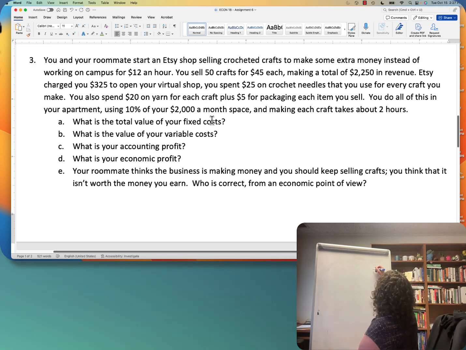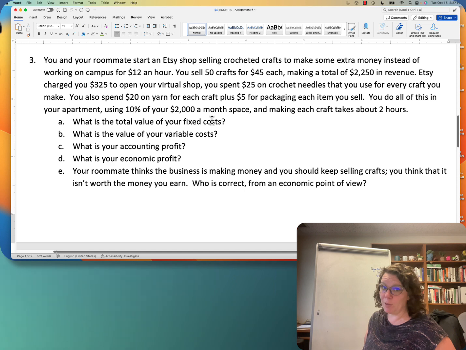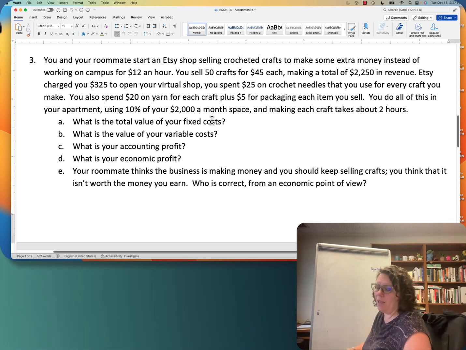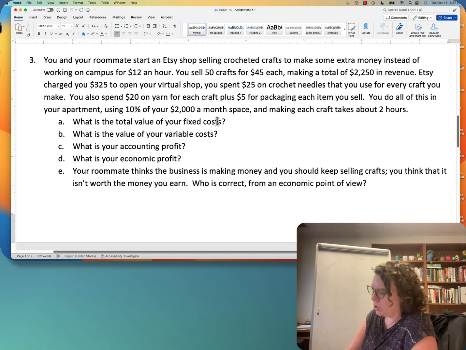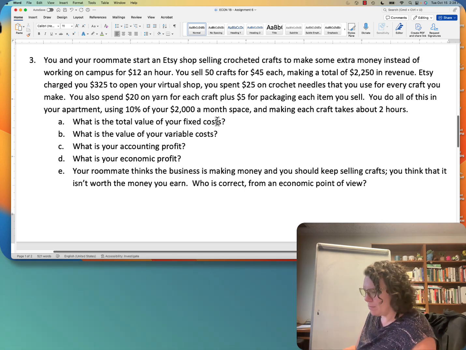So we want to remember right here that our opportunity cost of our labor is $12 an hour, because that's going to come into play later. And it's just this idea that, hey, I could be working and making $12 an hour at some job on campus.